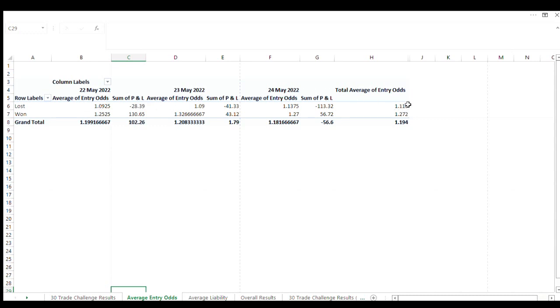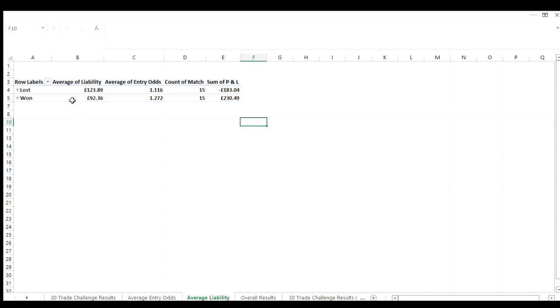If we have a look on this sheet here, when I laid around 1.11, the total I lost was £113, I think. Is that right? I don't think that's right. We've got to take all of these days across. Yeah, here we go, it's £183 that I lost when I laid at 1.11. So we won't be doing that again.